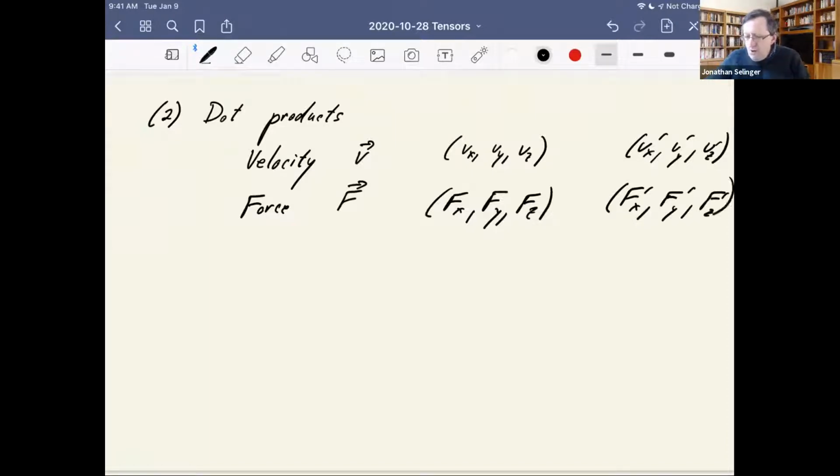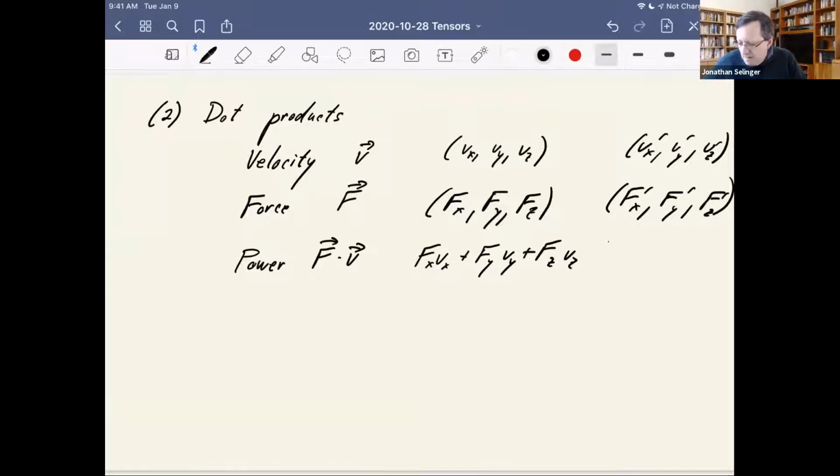Okay, so these are all different numbers, right? If they each make a table in their own lab notebook of what numbers they observe, they all come out different from each other. But they could combine them to get the power, F dot V. For one of them, it's Fx Vx plus Fy Vy plus Fz Vz.